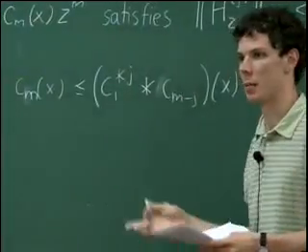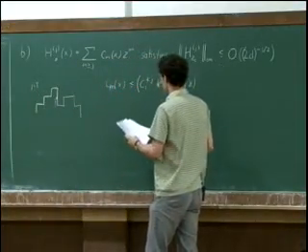This is just the bound we obtained by forgetting the self-avoidance on the first j steps.